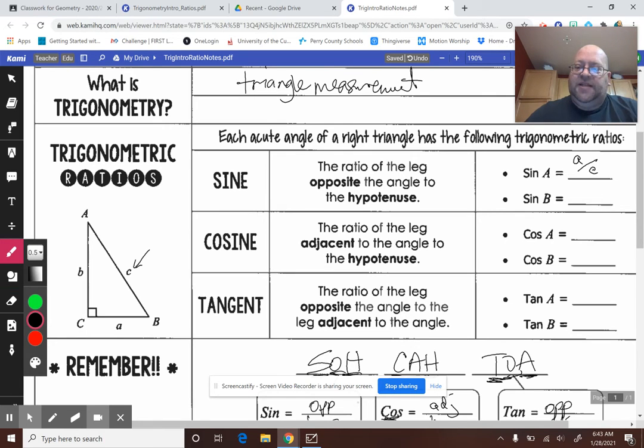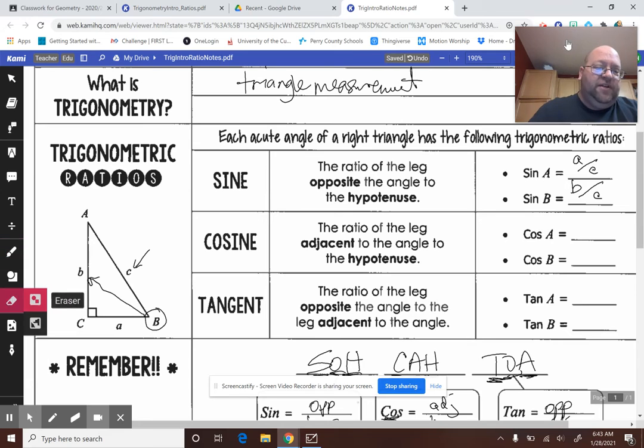Now we're looking at sine of B, which means that my focus is angle B. So sine is opposite over hypotenuse. Remember, I already know what the hypotenuse is. That's C. And the top of my fraction needs to be the side that is opposite. So the side that is opposite would, in fact, be little b. Pretty simple.